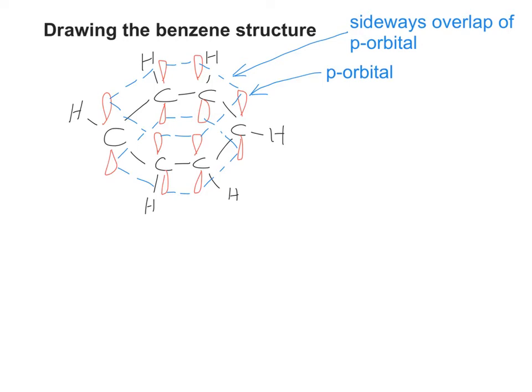Now you're probably taking a little look at this and wondering, can it be cleaned up a little bit? I'm sure it could be drawn a little bit better, but the basics of it are there. But it's something that requires practice to get right, so it's worth going away and trying this a few times to get it nicely arranged, nicely in place, so that the bonds and the atoms and the orbitals and their sideways overlap are all clearly involved in your diagram.